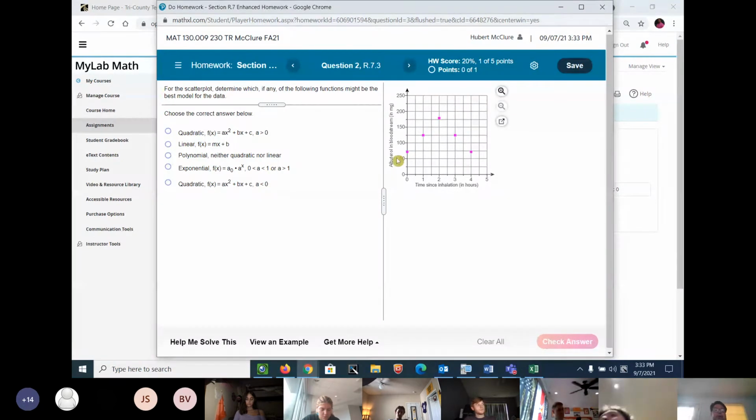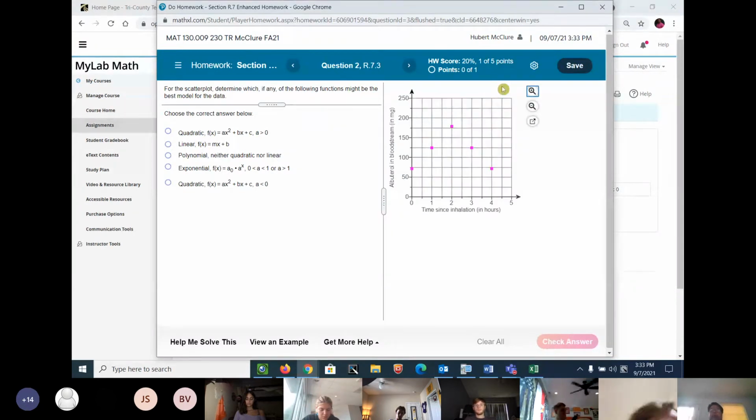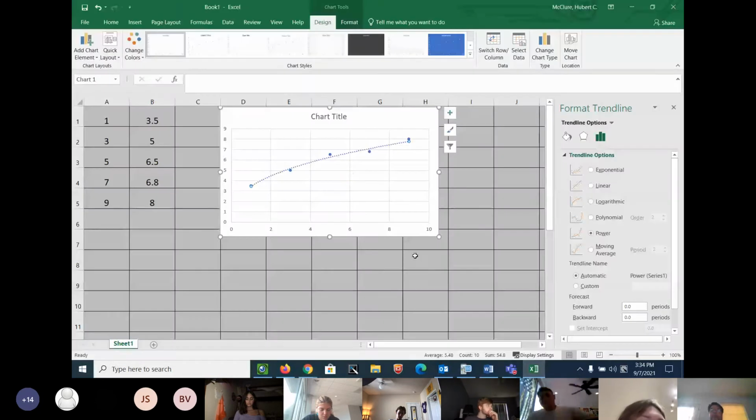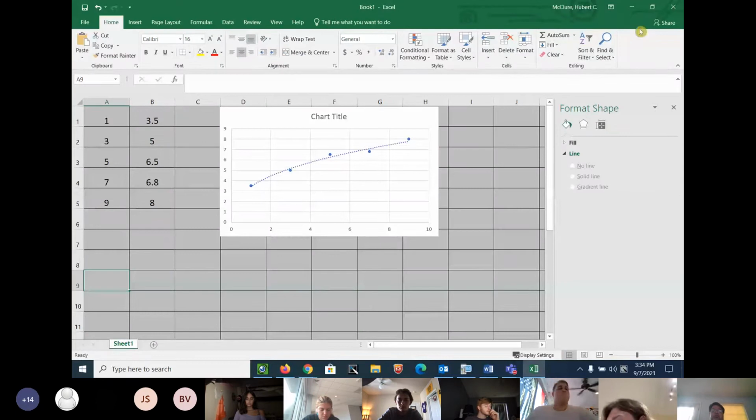This is absolute value, so let's put it in. They usually have a button you can push to send it over to the Excel spreadsheet. I don't know why they don't do that. Let me blow it up a little bit and pull up the Excel spreadsheet.